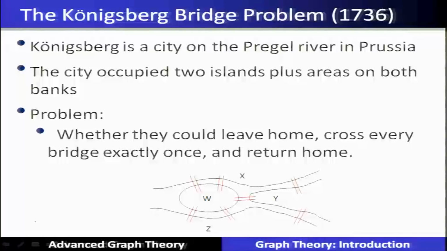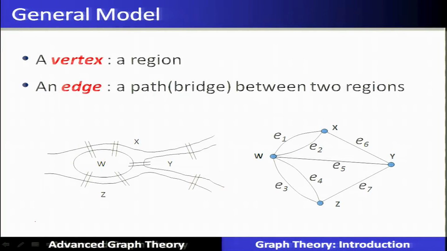So, in this figure we can see that x, y, z, w are basically the islands, and these islands are connected by the bridges which are marked by the double lines shown in red color. Now, this problem can easily be analyzed if it is modeled in the form of a graph.